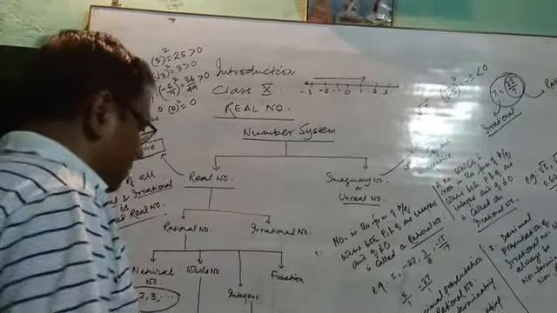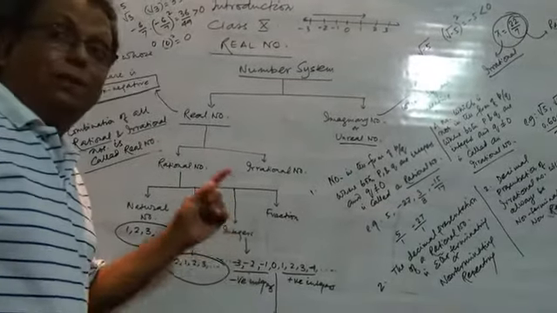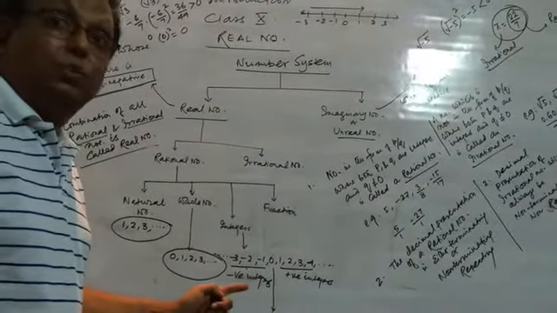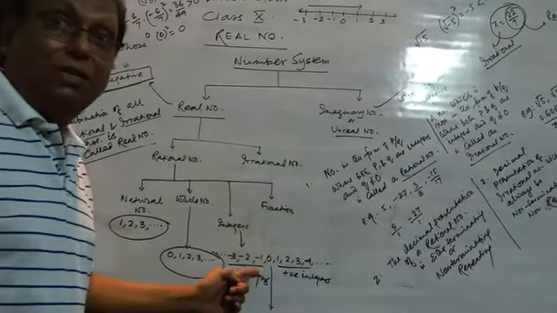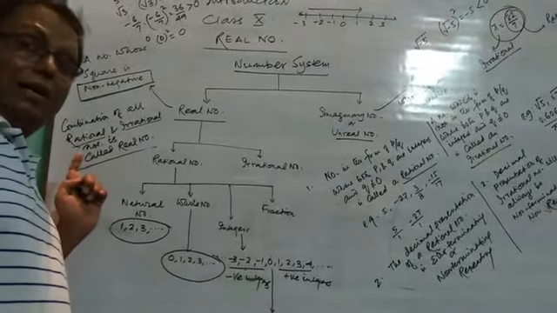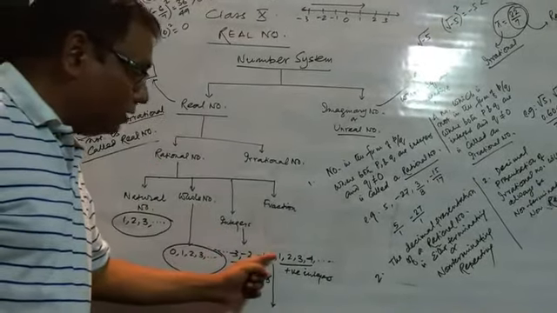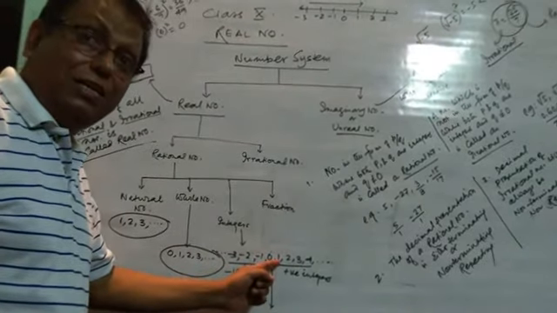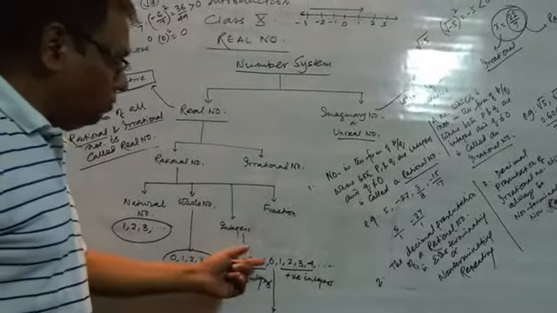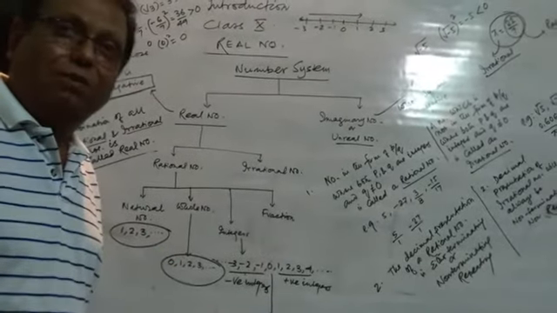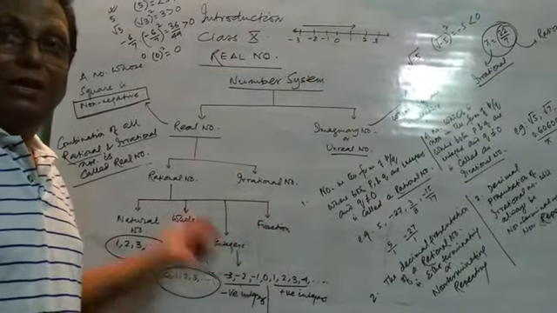The largest negative integer is -1. The smallest negative integer, we don't know, it goes up to infinity. The smallest positive integer is 1. The largest positive integer, we don't know. Which integer is neither positive nor negative? It is 0.